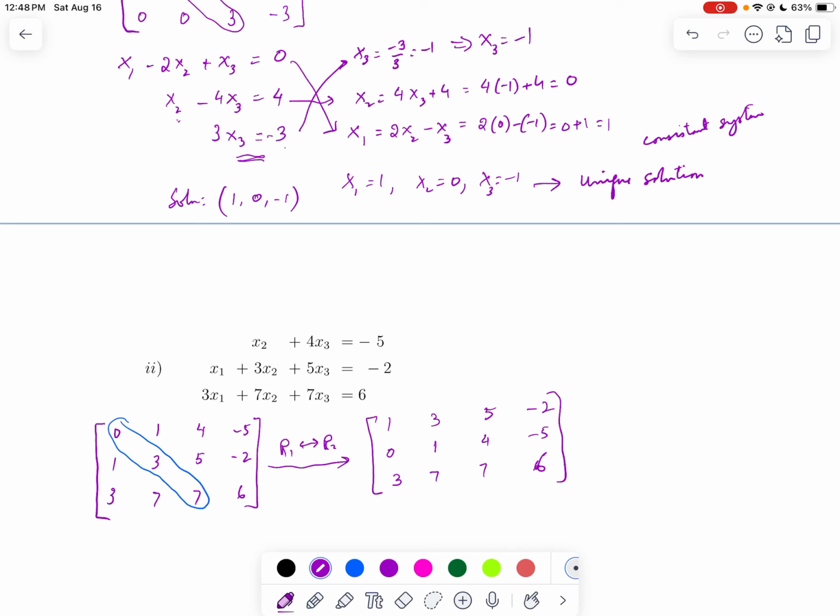As explained before, by using one of the operations we have learned. So I will multiply the first row by -3 and then add it into the third row.